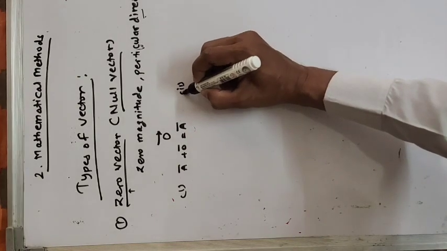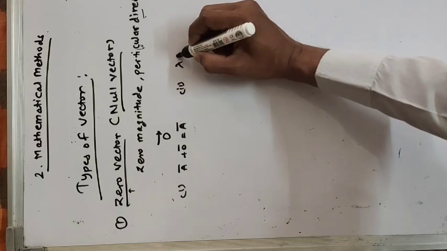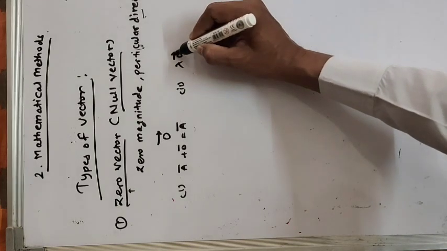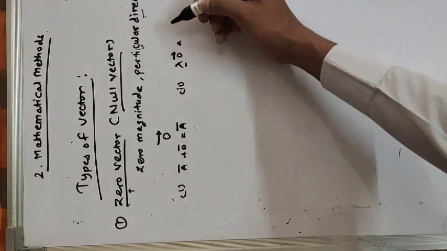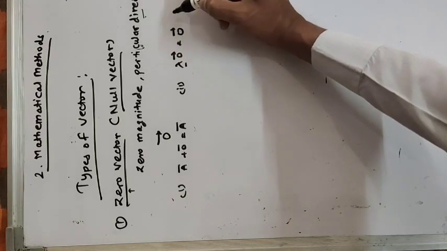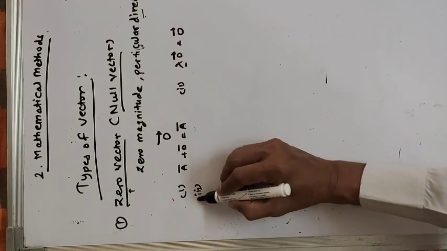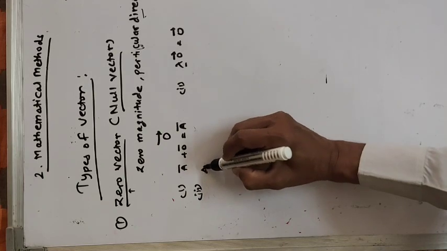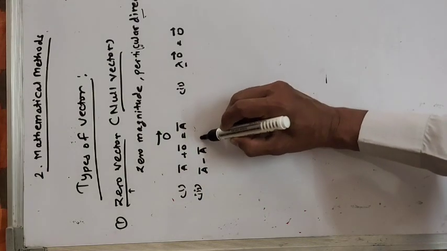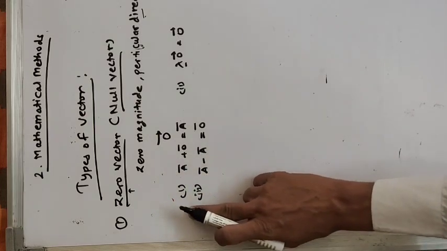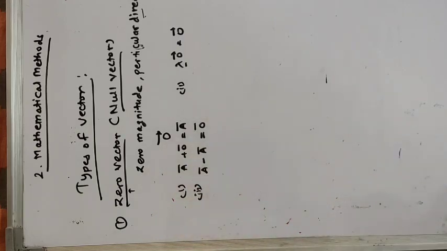Second, if any scalar lambda is multiplied to the zero vector, it also gives the zero vector. Another property: if a non-zero vector is subtracted from itself, it also gives a zero vector. These are a few properties of the zero vector. They are not in the book, but they are needed for MCQs.